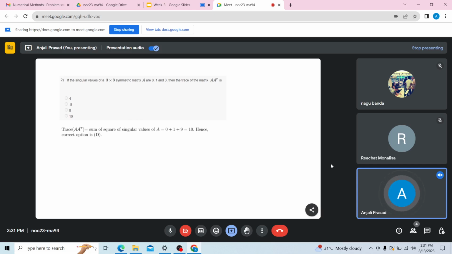Is it clear how to calculate its trace? Shall we move to the next question?